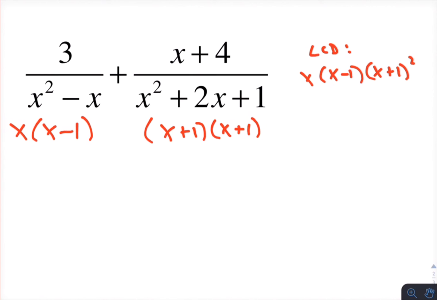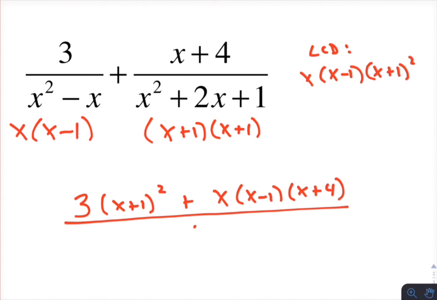So what I need in the first fraction is an x plus 1 squared. And what I need in the second fraction is an x and an x minus 1 times the x plus 4 that's already there. And then all of that will be over the LCD.